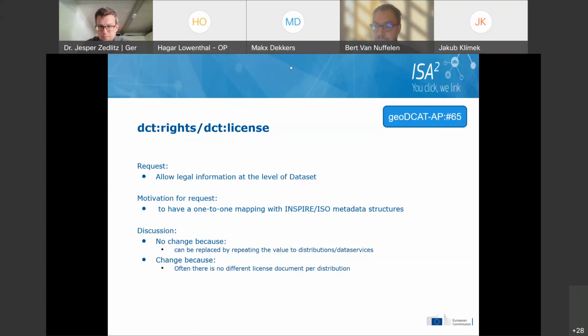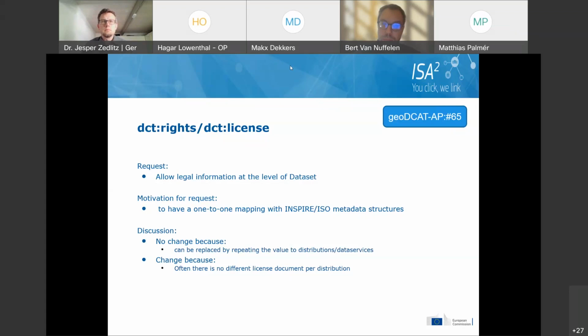And Matthias also wants to change? I think the reason why, okay, Max, maybe you can help me, correct me here. I think that this comes from INSPIRE, that you may have different licenses on different quality of services, like high resolutions of images. And then I think that should really be two different datasets rather than the same dataset. So having different licenses on distribution level is something that comes from the service world, not from the dataset world.